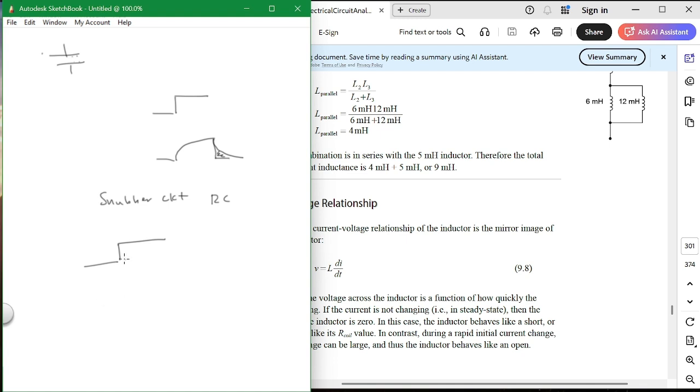What's the derivative of a step function? Right here it's 0, right here it's 1. If you shrink time down, the dt is 0. The derivative is, if anything over 0 is what? A very big number, infinity and beyond, right?